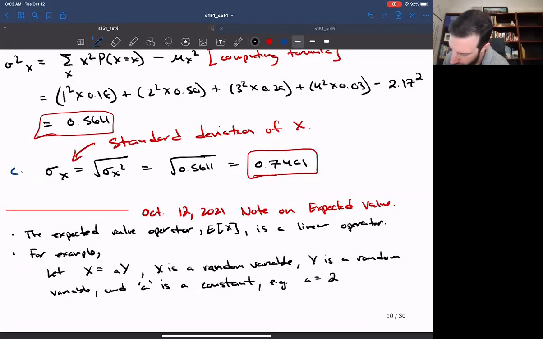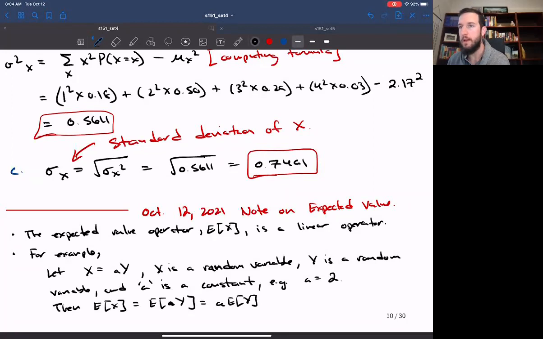Okay. So then the expected value of X is equal to the expected value of A times Y, which is equal to A times the expected value of Y. So the point is, when you multiply a random variable by some number, the expected value of that product is just that number multiplied by the expected value.